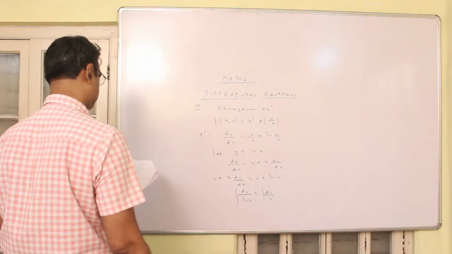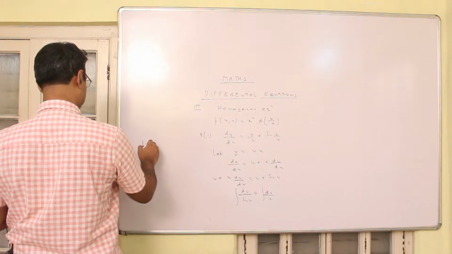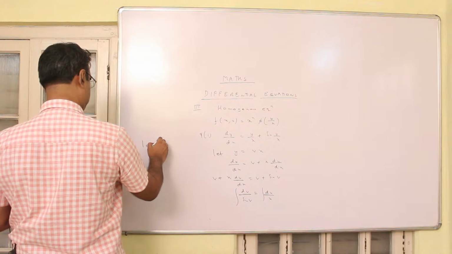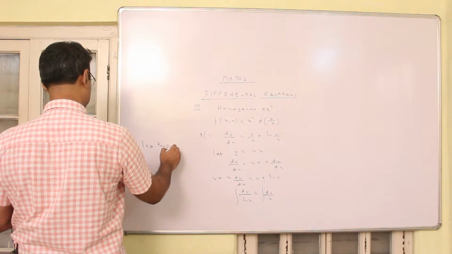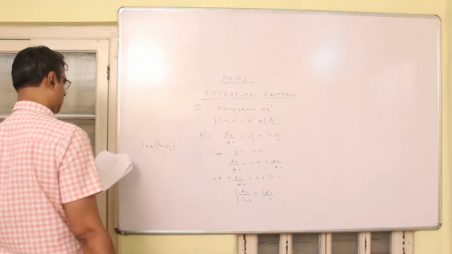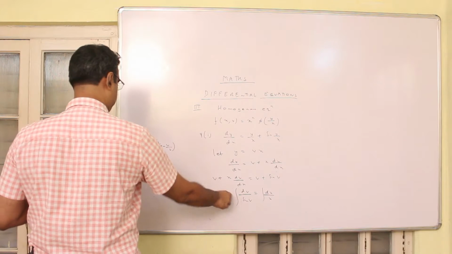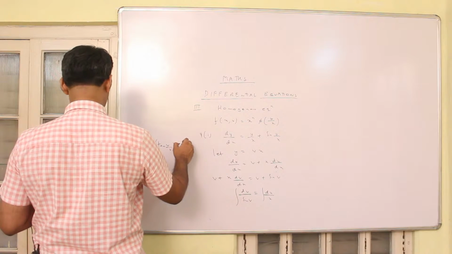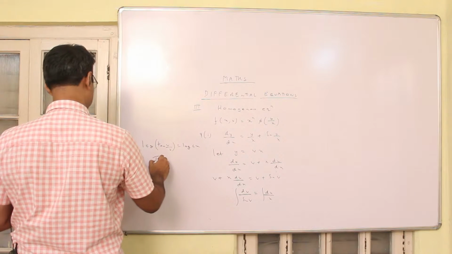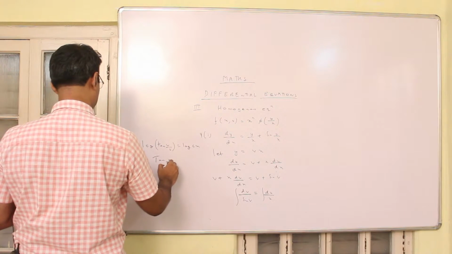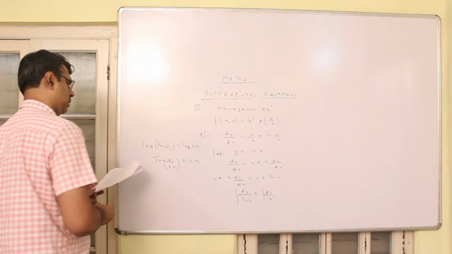Now you integrate both sides. Now integration of cosec v is log tan half the variable, and this side it will be log cx. Now what you do is you remove v and put y by x. So this is the solution.